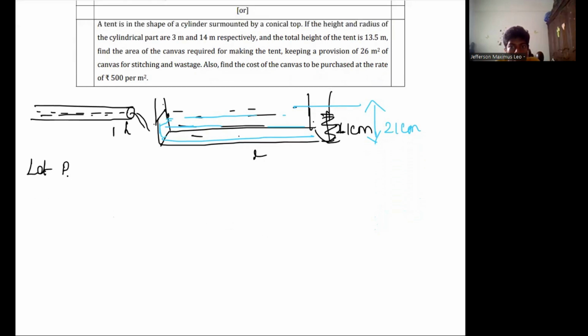Let the required time duration be n hours.